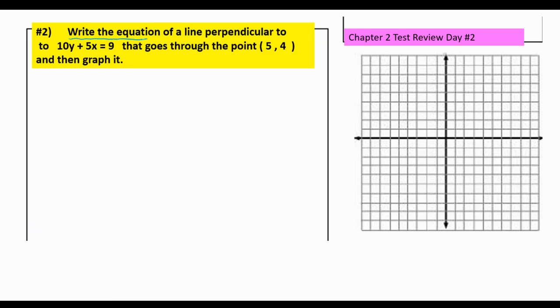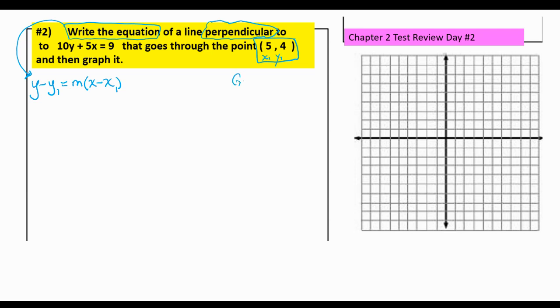Okay, write the equation of a line. We're going to use that formula, the point-slope formula: y minus y1 is equal to m times x minus x1. We already have the point, x1, y1. And the word says perpendicular.